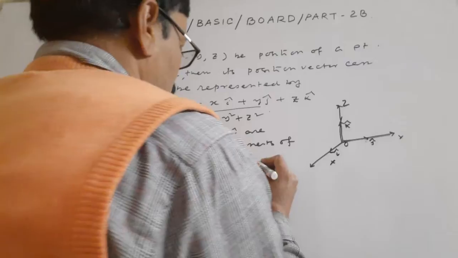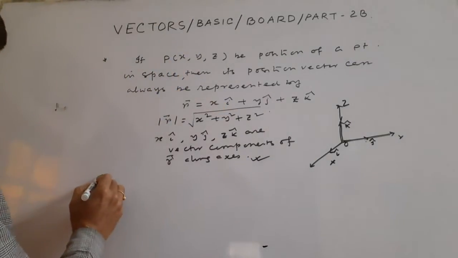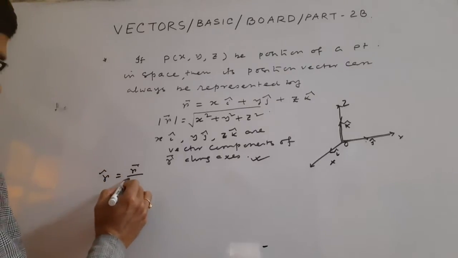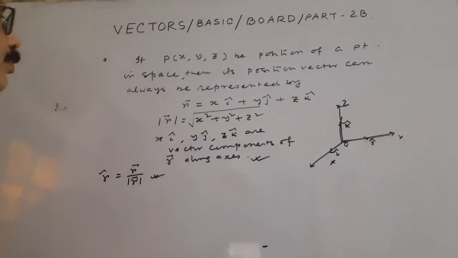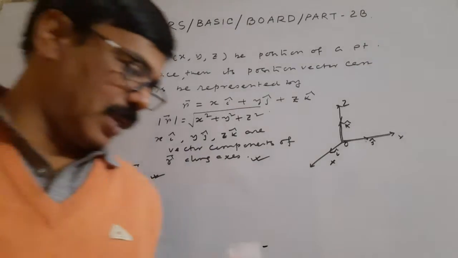All of you know it. Now r cap is the unit vector. It is defined as r vector by magnitude of r. So this is the position vector of a point.